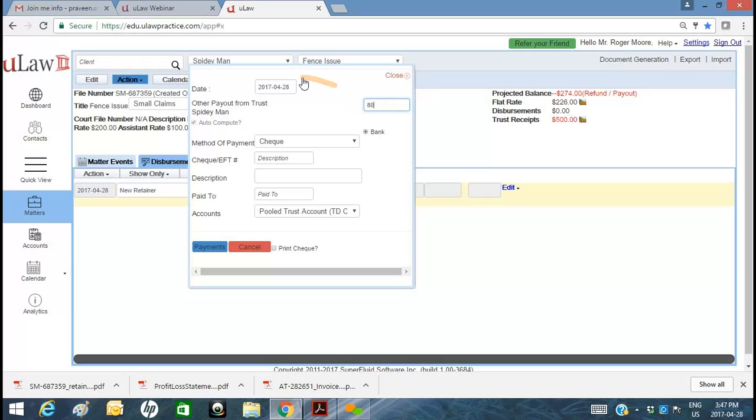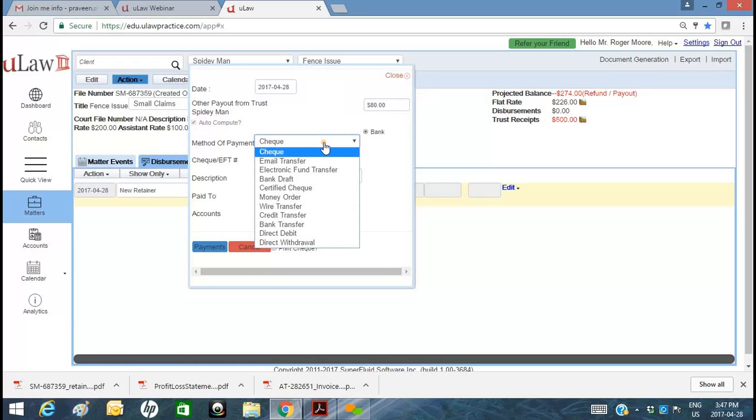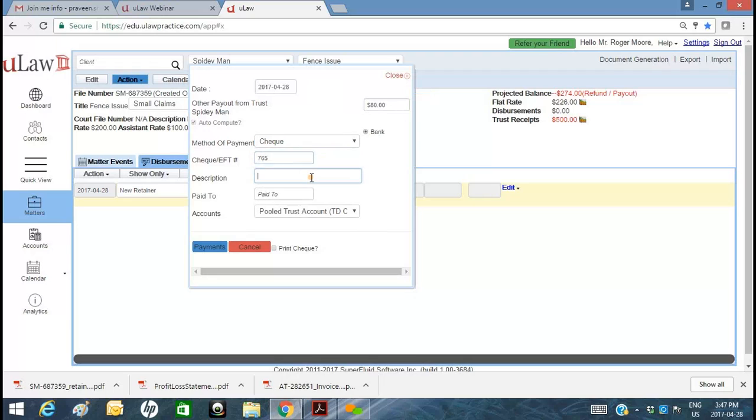The date, the amount, the method. How did you pay that expense? So let's say you wrote a trust check, and the check number is 765, and the description is application fee for matter number SM687359, which is always a unique number.